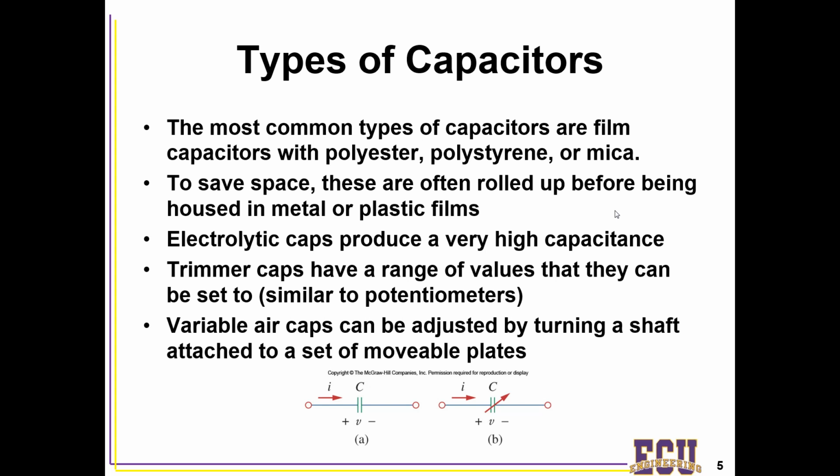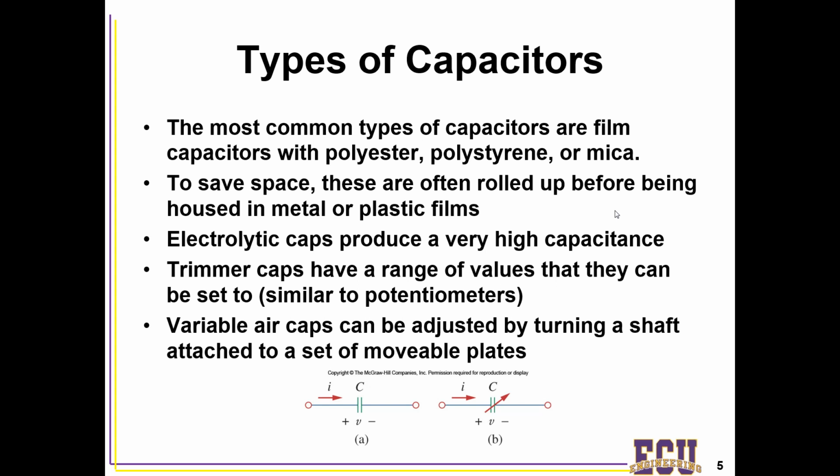You can also have trim capacitors or variable capacitors, and that can actually be used as a sensor. One of the labs that most sections of the 3050 class, which is your sensors, measurements, and controls class, will get into, is using a variable capacitor as a proximity sensor or a distance sensor.